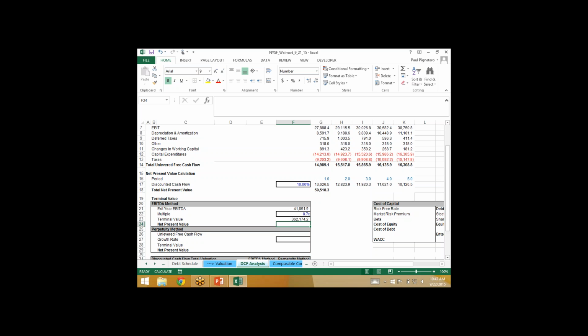Okay. So we will discount this. We discount this in F24 equal to terminal value divided by 1 plus the rate to the power of 5 full years. Okay, 224,881.7.